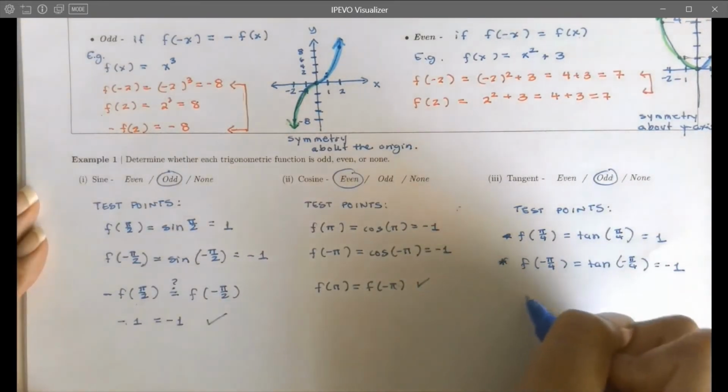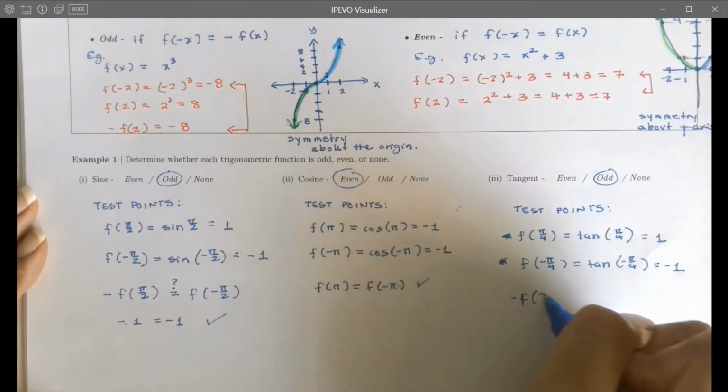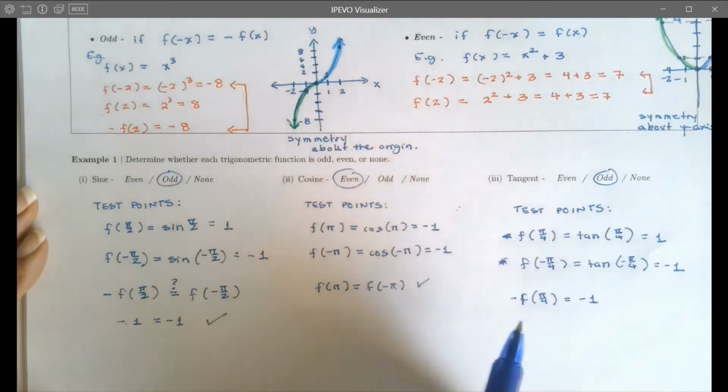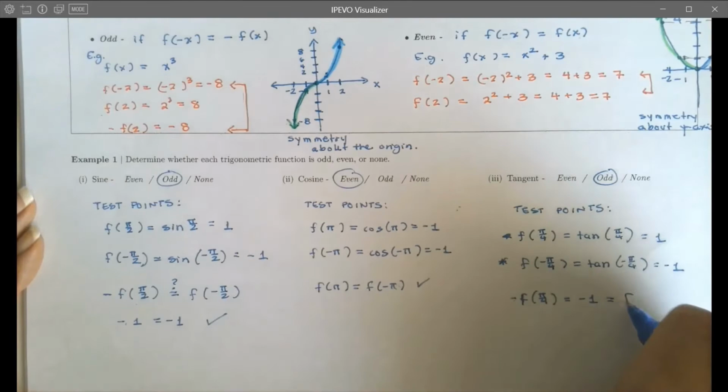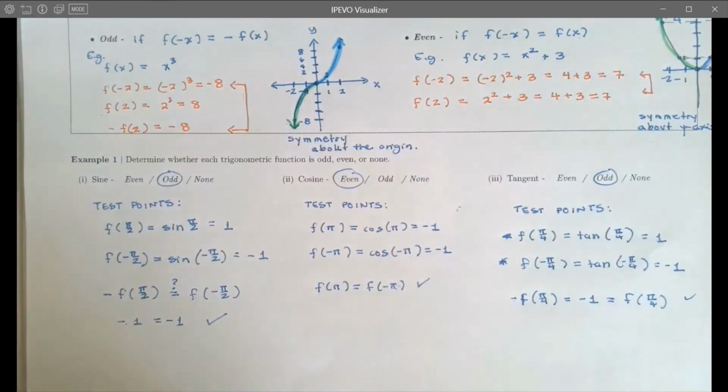So if I take negative 1 times f of pi over 4, I'm going to get negative 1, right? Because we'll have negative 1 times 1, which is negative 1. And that is indeed equal to f of negative pi over 4. Okay. So that confirms to us that tangent is odd.